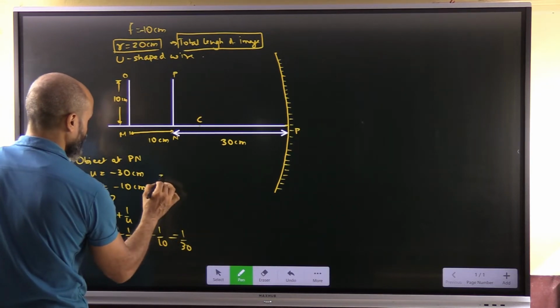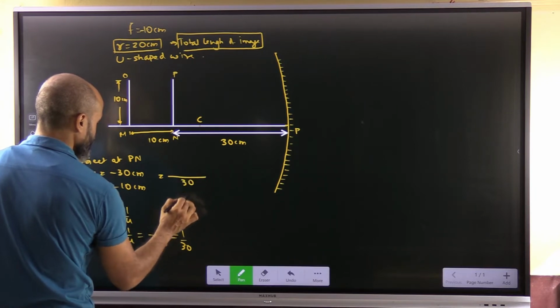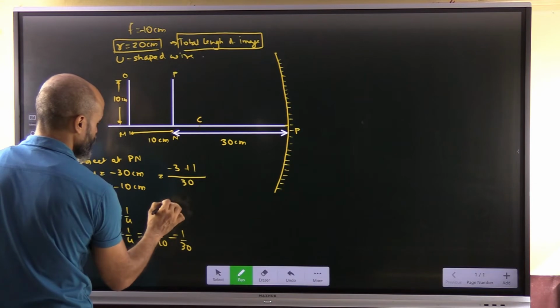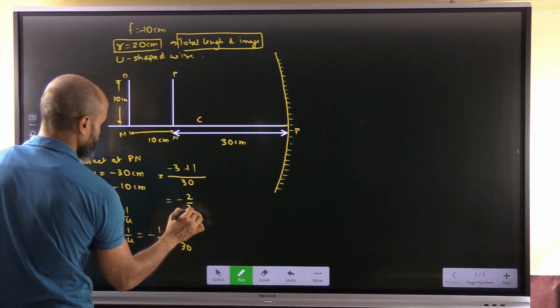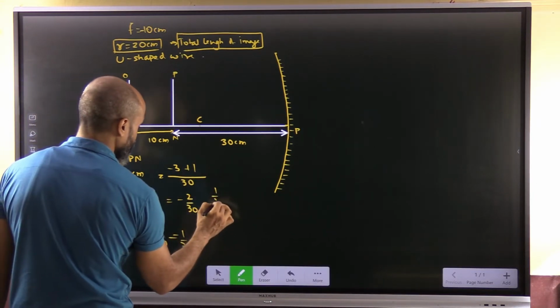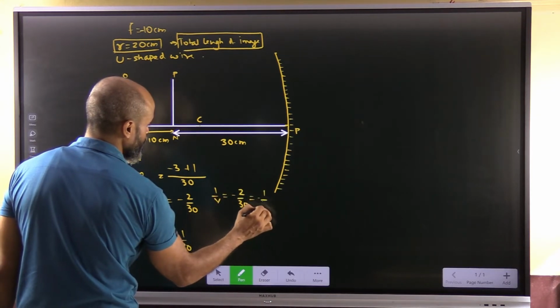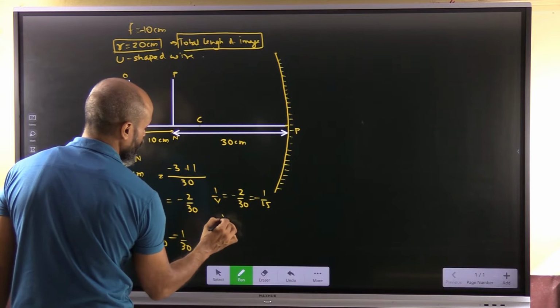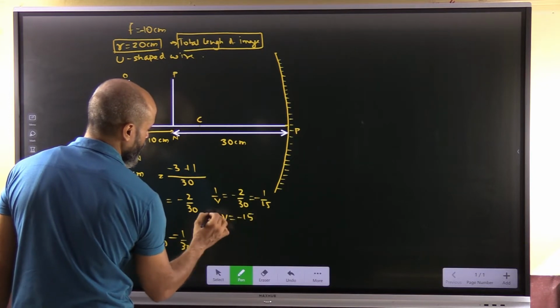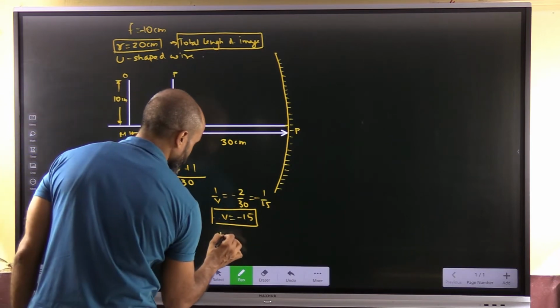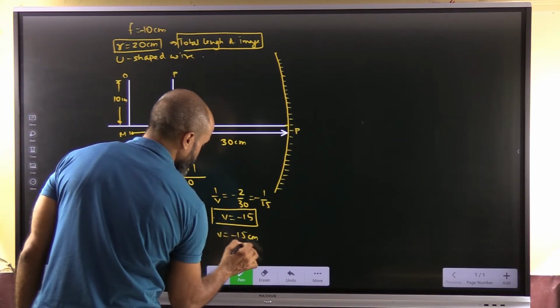So that's going to be minus 3 and plus 1, so minus 2 by 30. So 1 by v is equal to minus 2 by 30, that is minus 1 by 15. Therefore v has a value of minus 15 centimeter.